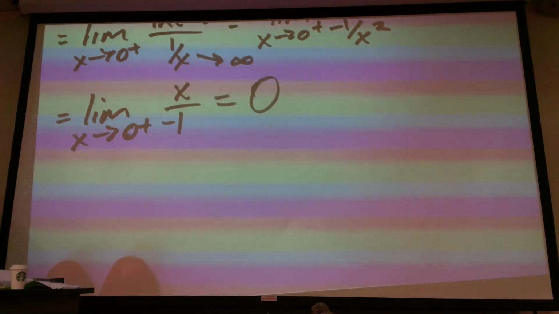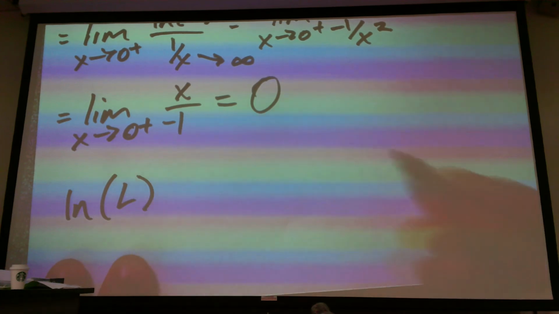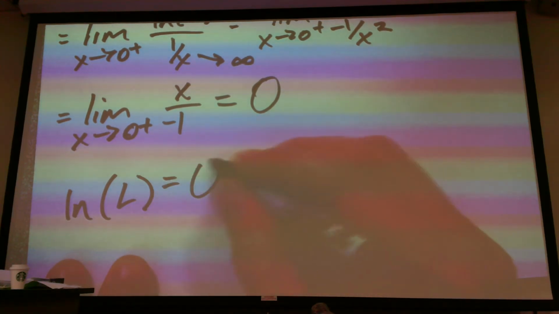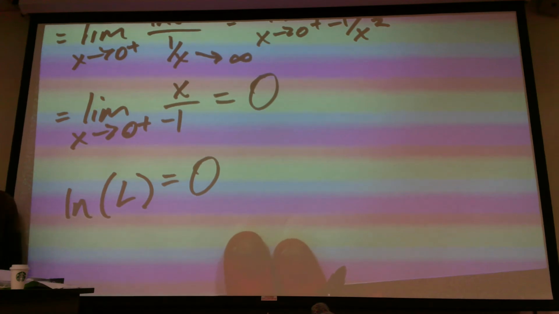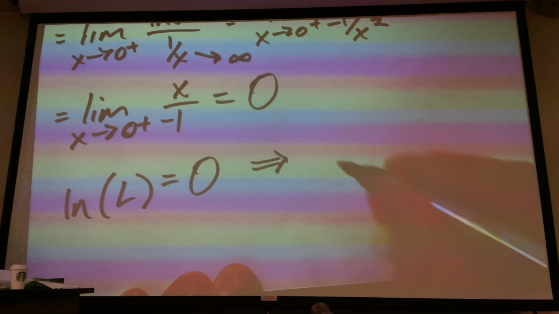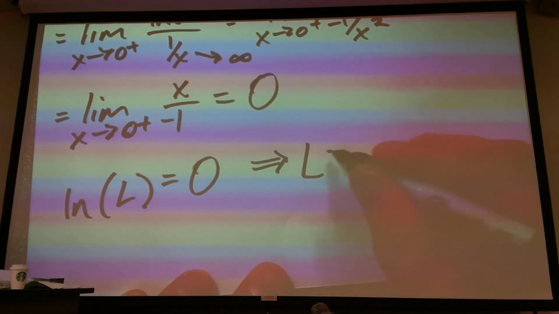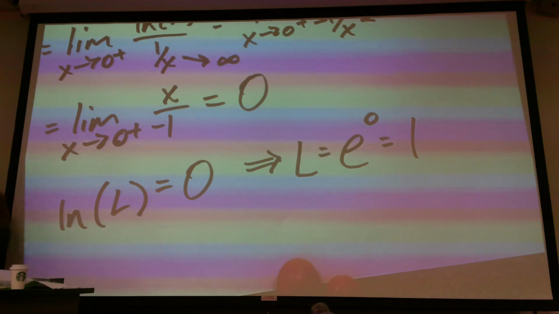So, if the natural log of L is going to equal 0, to undo the natural log, I would raise both sides above e. So this would imply that L equals e to the 0, and e to the 0 is just 1.